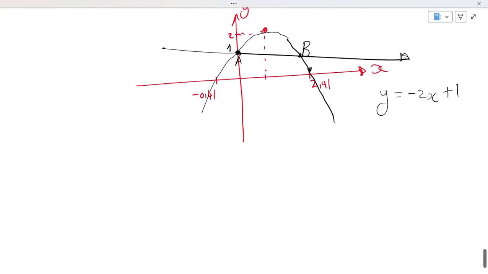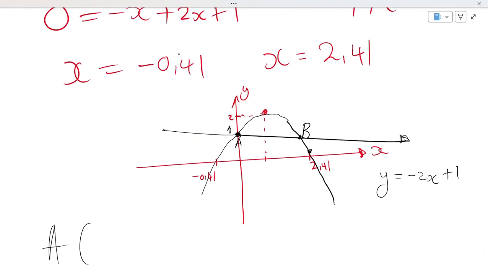A we already know, right? We can tell A from far. X is what at A? Where's A? A is here.